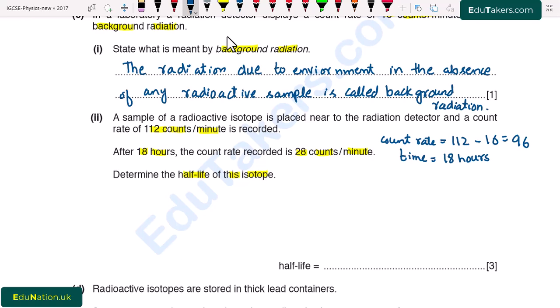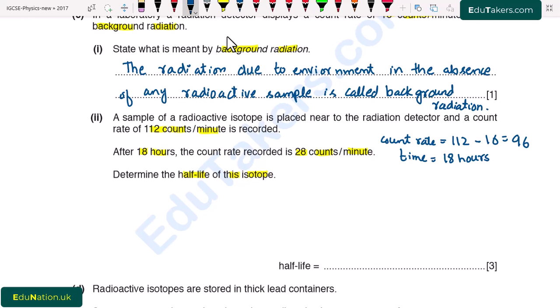After 18 hours, total count rate is 28 counts per minute. It means that this count rate is the sum of background count rate plus the count rate due to the radioactive isotope.